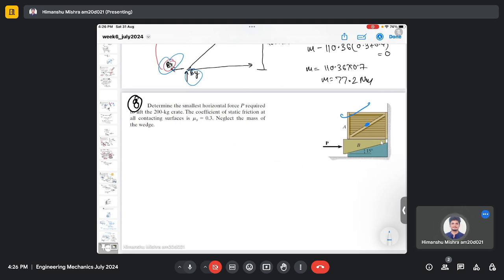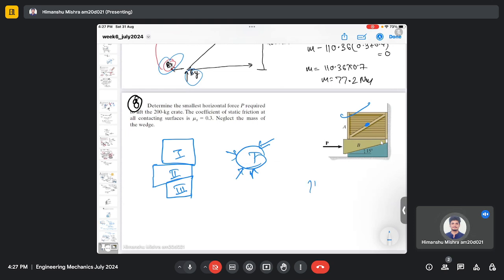There are three bodies, and we need to consider each body separately. This is body 1, this is body 2, and this is body 3. So we consider each body separately. We will make the free body diagram here, and then we will do the force and moment balance equation.